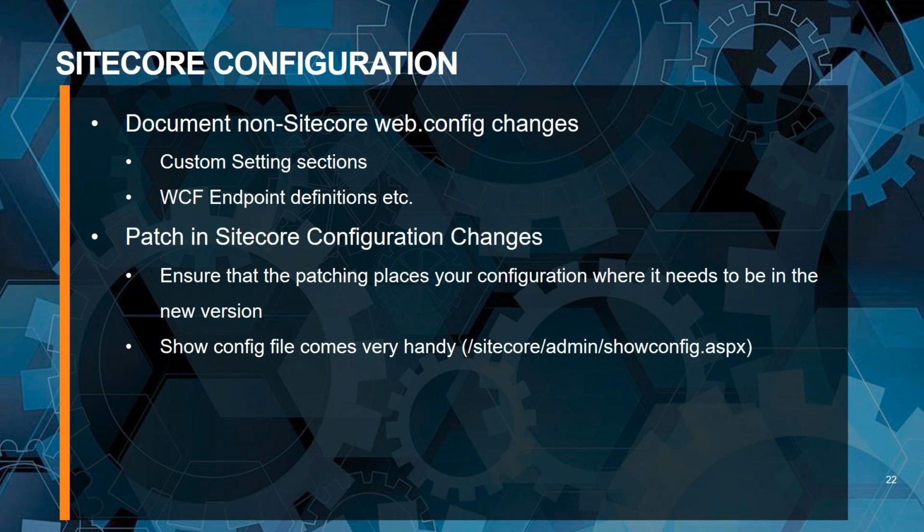Make sure there are no changes, or if there are any changes, take a note so that you can incorporate them in the new configuration files after your upgrade. Or follow the best practice: create project-specific configuration files and apply all your updates as patches rather than directly updating the Sitecore config files.